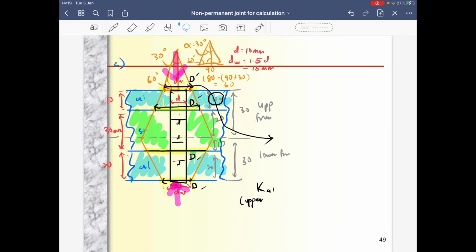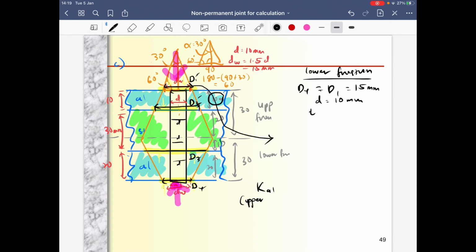For the lower frustum, we may start with D at the bottom first. So we have D1, D2, D3 and D4. We start with D4 because it is easier for us, because we already know the capital D, the big D. So basically D4 is similar to D1, which is 15 mm. The small d is the bolt diameter, 10 mm.